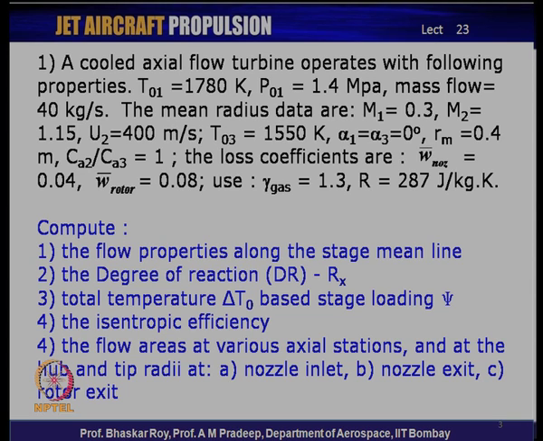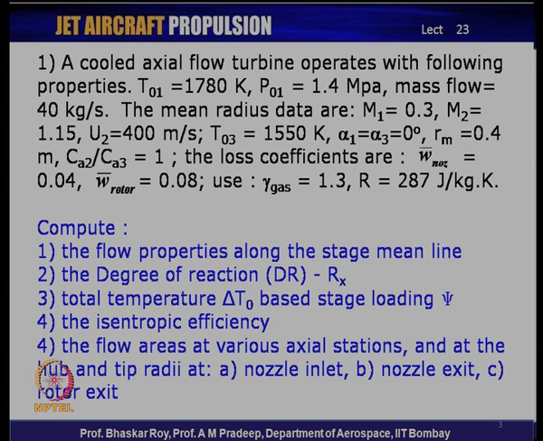The loss coefficients through the rotor and the stator, we have been calling it the nozzle. So, the loss coefficient across the nozzle is given as 0.04, and that across the rotor is given as 0.08. So, these two are prescriptions. These numbers are realistic numbers and represent a reasonably real compressor turbine situation.